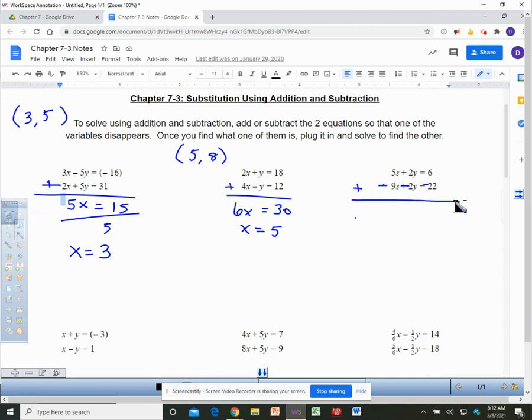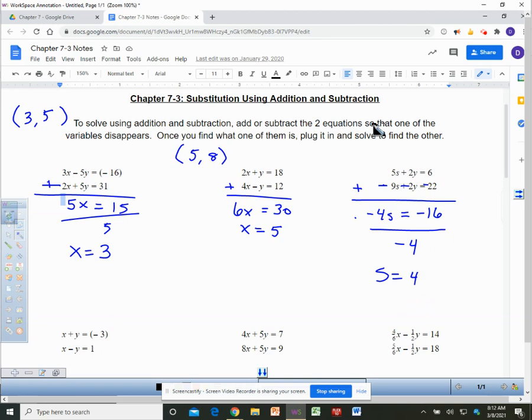So you can add them together. 5 plus negative 9 gives me negative 4s equals 6 minus 22, negative 16. And how do I get s by itself? Divide by negative 4. So s is going to be 4.